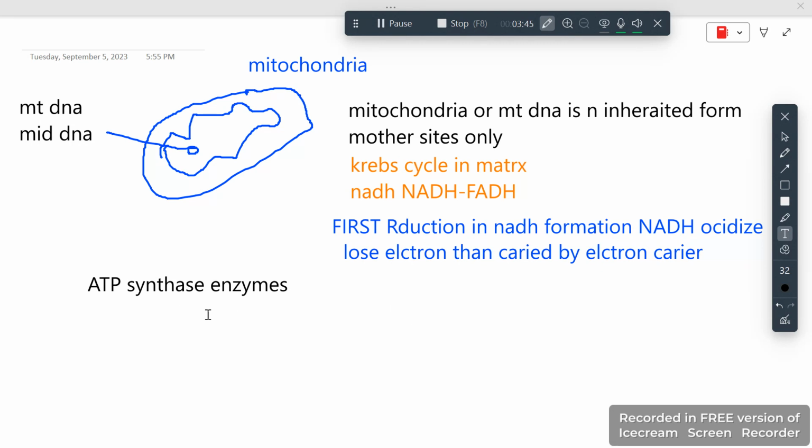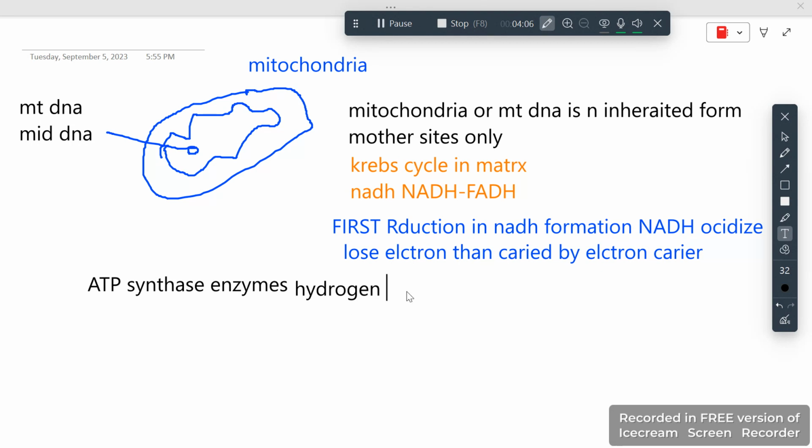So then we have the ATP synthase enzyme. What does that do? When hydrogen is oxidized, what will happen? When hydrogen moves, then ATP synthase activates.